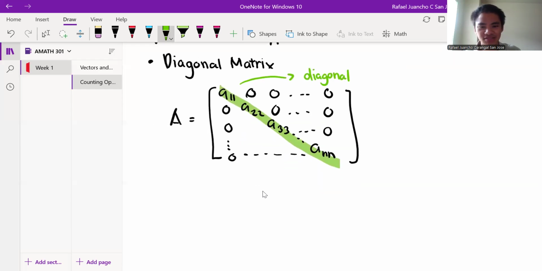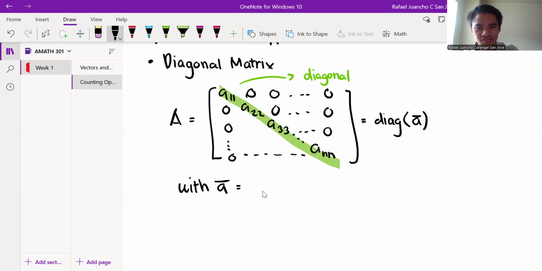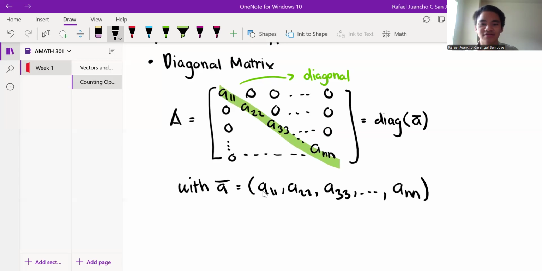Now let's characterize this. Another notation that we can identify this with is diag, and it's basically a vector. This thing's a vector, right? That vector contains the values A11, A22, A33, all the way to ANN.